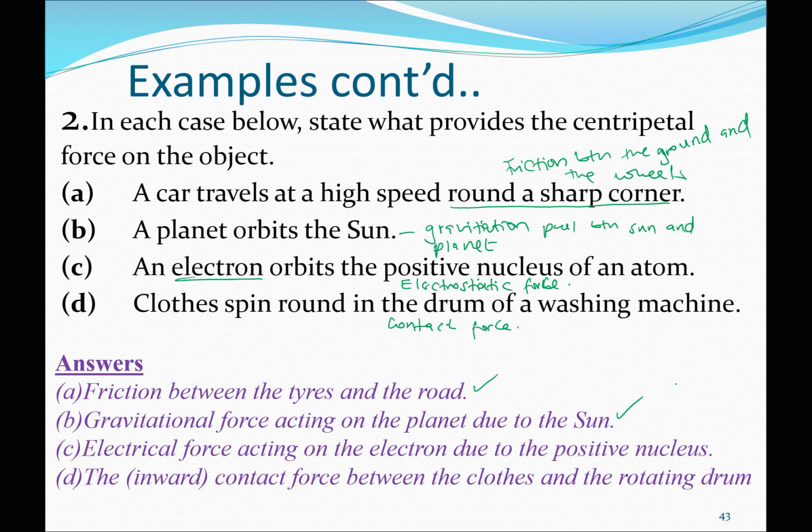Electric force, which is the electrostatic force acting on the electron due to the positively charged nucleus. Then we have the inward contact force between the clothes and the rotating drum, at the point where the clothes touch the surface of the drum. So those are responsible for providing the centripetal force.